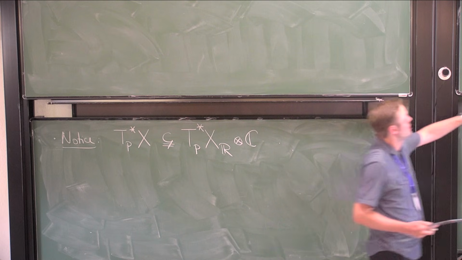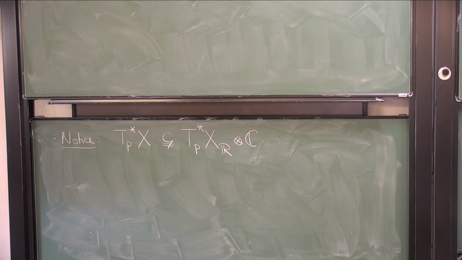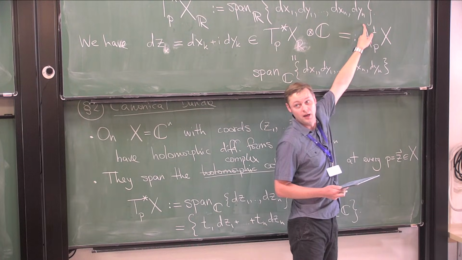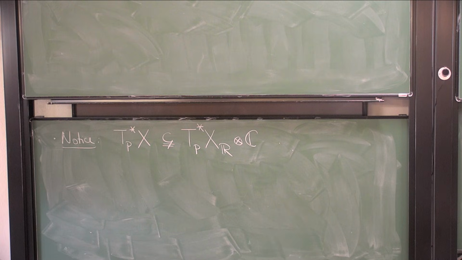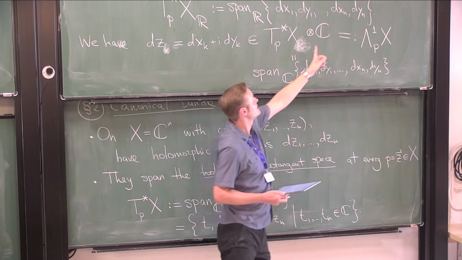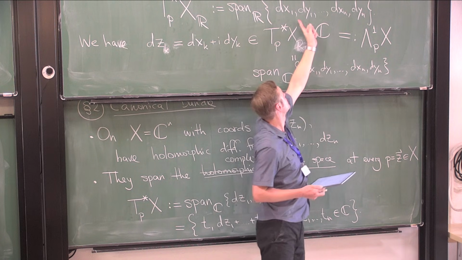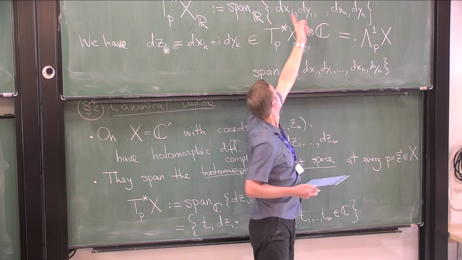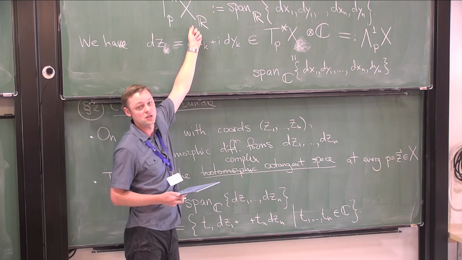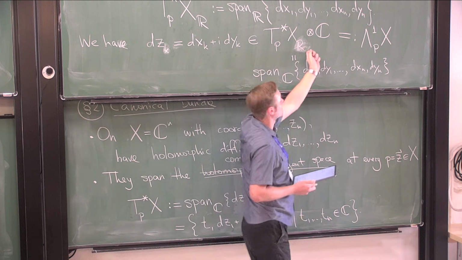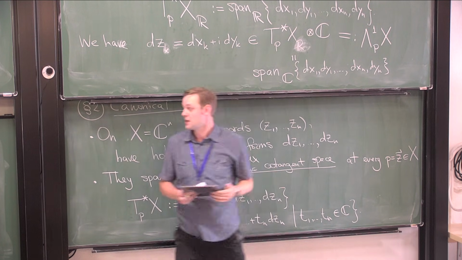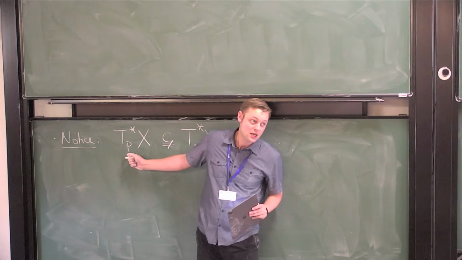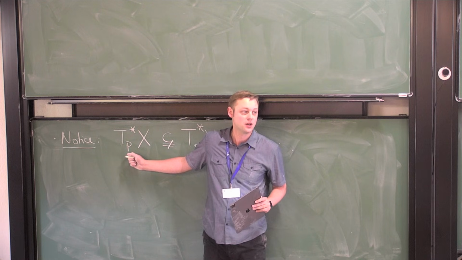The reason being that this is a real vector space of dimension 2n, and so when I complexify it, I get a complex vector space of dimension 2n, because these are still treated as linearly independent vectors, just now with complex coefficients. This is a complex 2n dimensional vector space. But this guy is a complex n dimensional vector space. It's half the dimension, half the complex dimension.